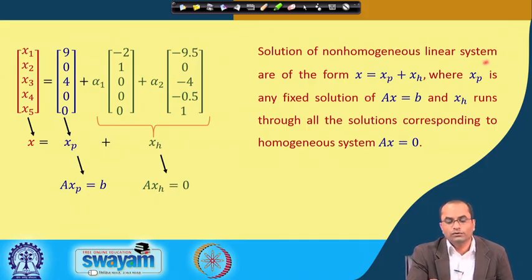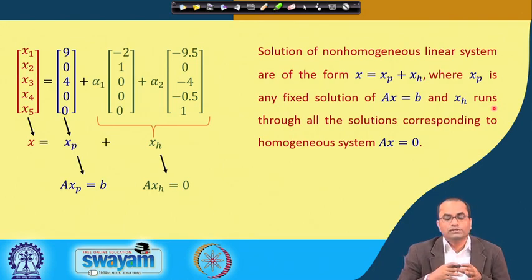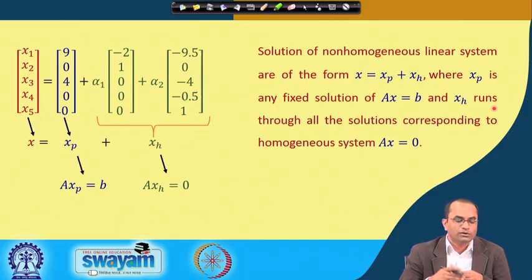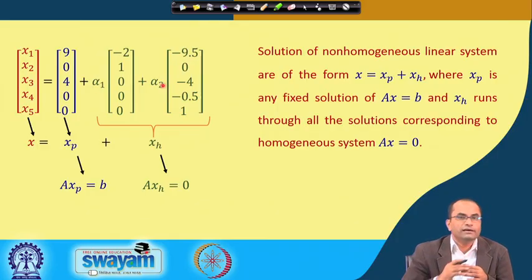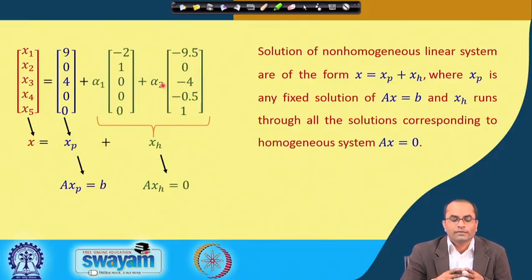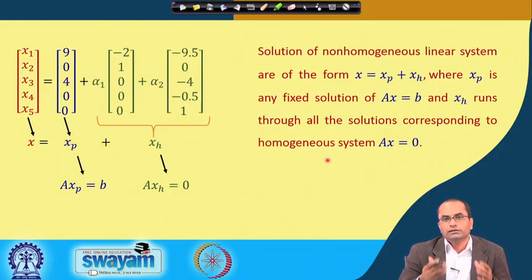So, the solution of a non-homogeneous linear system is always of the form xp plus xh, where xp is any fixed solution of Ax is equal to b, and this xh, the homogeneous part, runs through all the solutions corresponding to the homogeneous system Ax is equal to 0, because you can keep on changing the values of alpha 1 and alpha 2, and we can produce infinitely many solutions of the Ax is equal to 0 equation.